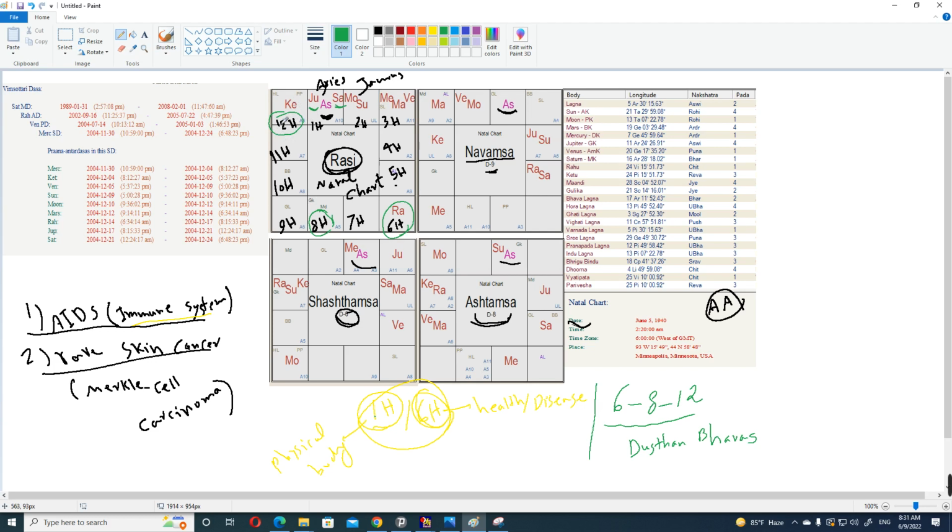Then you can see the ruler of the 12th house, Jupiter, ruler of Pisces, is placed in Aries, that is the first house, the ascendant of the native. It can connect the native with hospitalization. 12th house is hospitalization. I told you it is a house related to the disease. And then there can be some connections to hospitalizations.